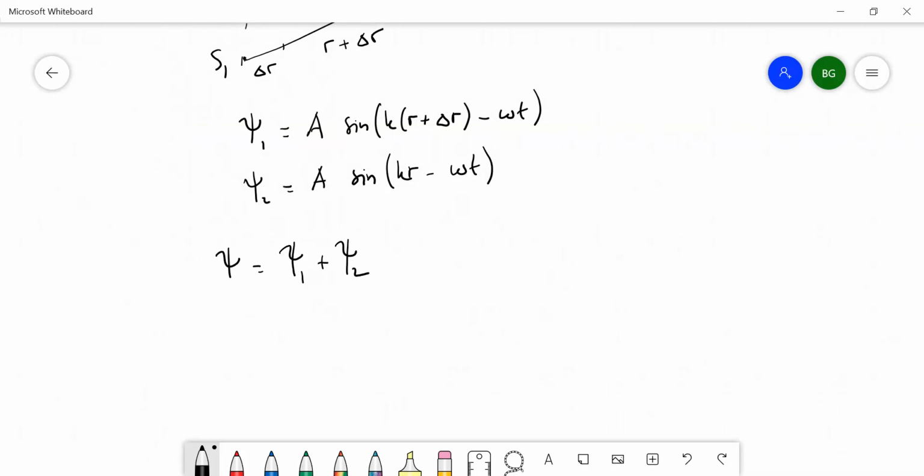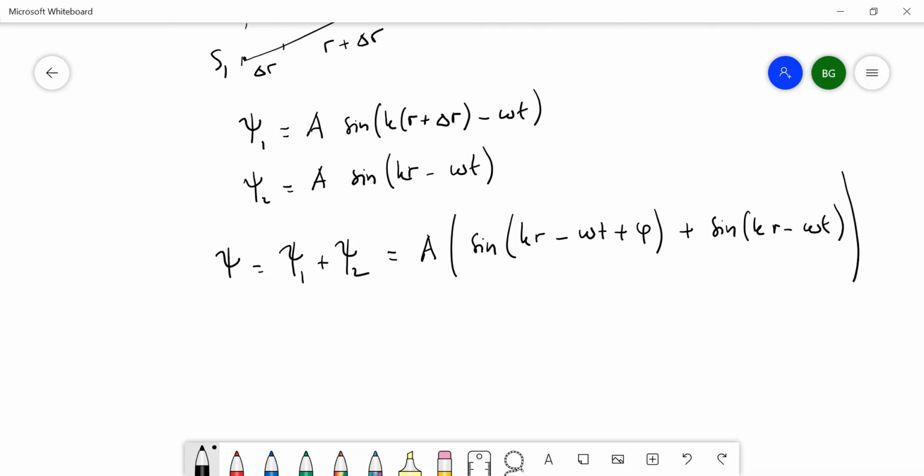So this is basically A sin(kR minus omega t plus B) plus sin. Any question?